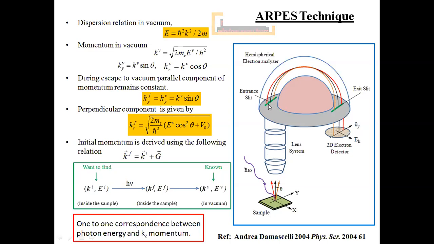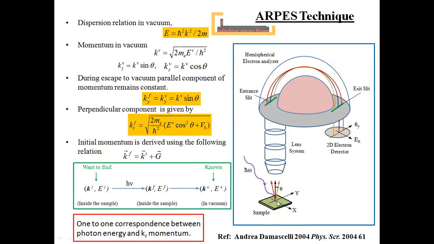Here in this case, the y-axis is parallel to the entrance slit. So the electrons that are coming out along the y-axis, basically the electrons which have y momentum, can actually go through this slit. If any electron has x momentum, then it won't be able to go through this entrance slit. That means that at any given time, you can probe electrons only along one momentum direction.